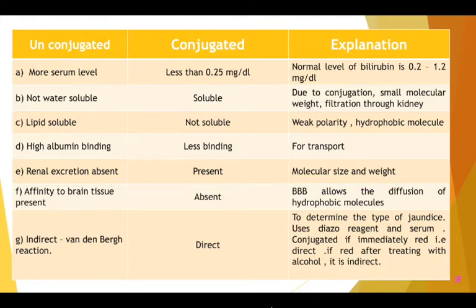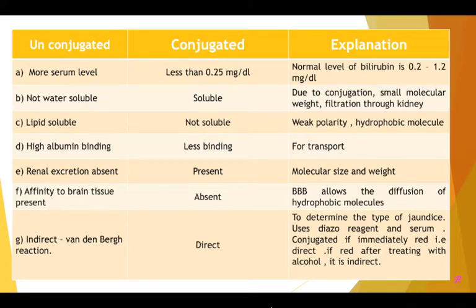So the Van den Berg reaction has two results, direct and indirect. Direct means the red color is produced immediately, and indirect means it is produced only after treating the serum with alcohol and then the reagent. In the indirect, it is the unconjugated bilirubin that is increased.